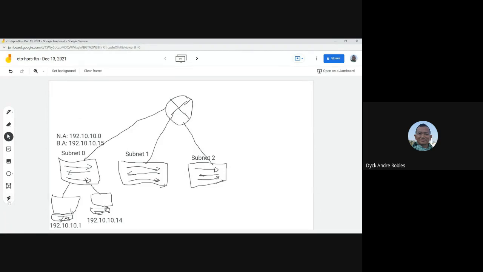Okay? So the next problem for you to answer: what is the next network address? I said in the problem that the solution, each subnetwork contains 16 IP addresses. So what is the next network address? Anybody? 13, sir?